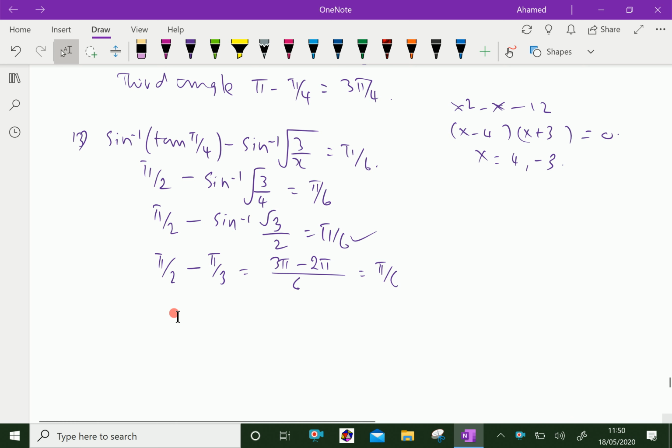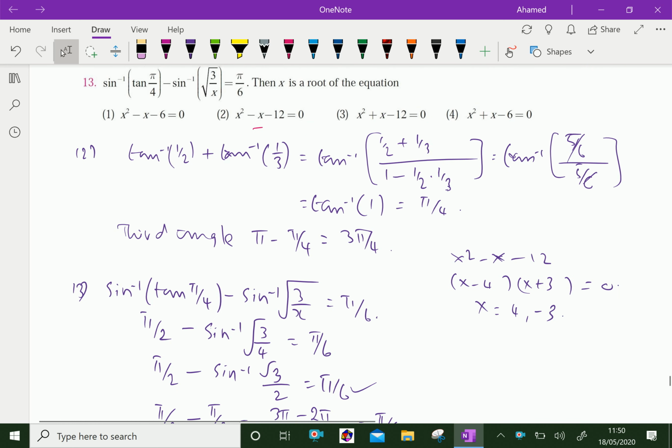So it satisfies, that is x equal to 4 satisfies, that gives the root of the equation, option 2.